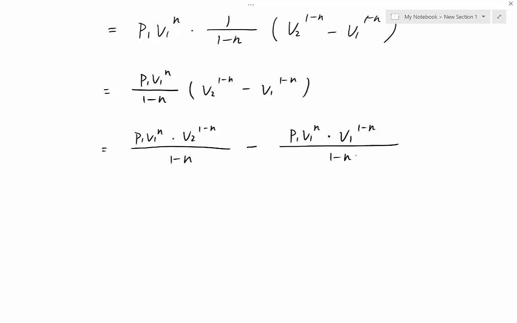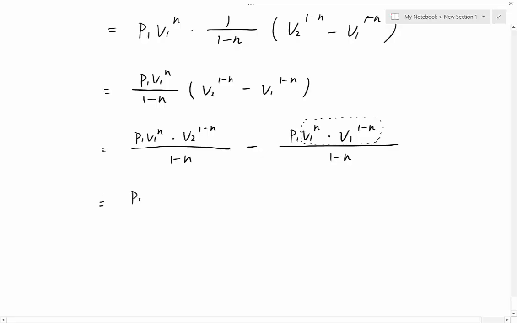Okay, so now let's continue. What do you notice about the second term? Can I combine those two factors into a single one? Yes, you can.